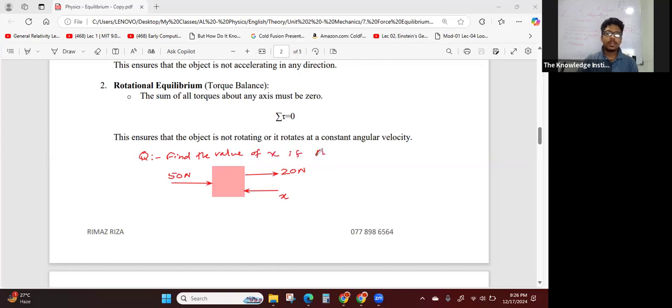If the object is in equilibrium, what is the value of X? Any response, please text to the chat.